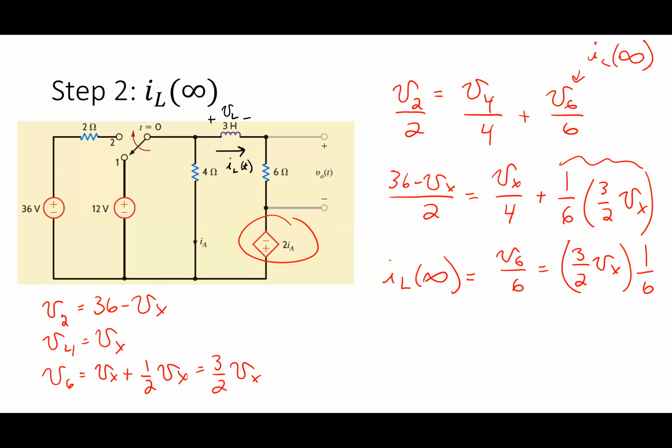I guarantee there's going to be a problem on the first exam where there are dependent sources and current sources. One thing I want to check when I write my KCL equation, all three of these things, and this is why I like looking at it like this, all three of these things have what units? I had a voltage divided by a resistor.